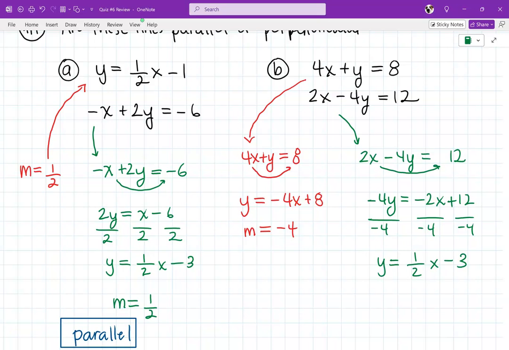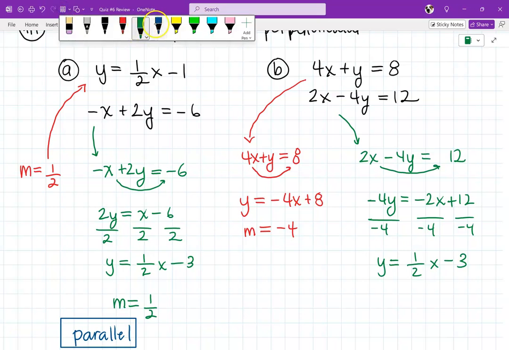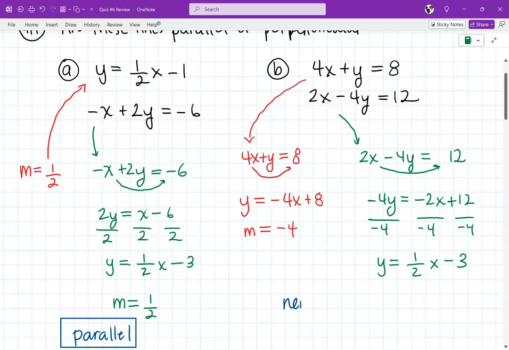That way I can give you some extra credit. Are we okay with that? So this one's going to be neither, okay? Because they're not parallel, and unfortunately they're not perpendicular. All right, again, I'm looking for a slope of negative 4 and a 1/4. A 1/4 would have been perfect. That would have been perpendicular.